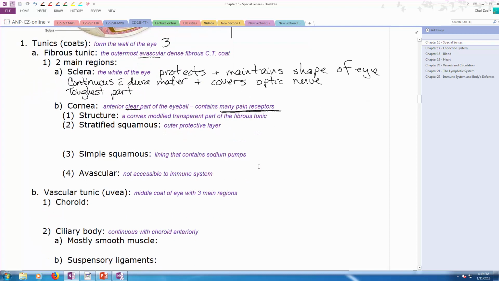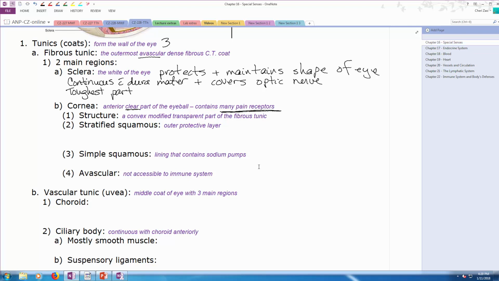What's fascinating is we do have a protective layer over that cornea, and it's a stratified squamous epithelium. And remember, stratified squamous epithelium is designed for protection from trauma and friction and things like that. We have conjunctiva over the sclera, but we don't have it over the cornea because we don't want conjunctivitis where we need to see.